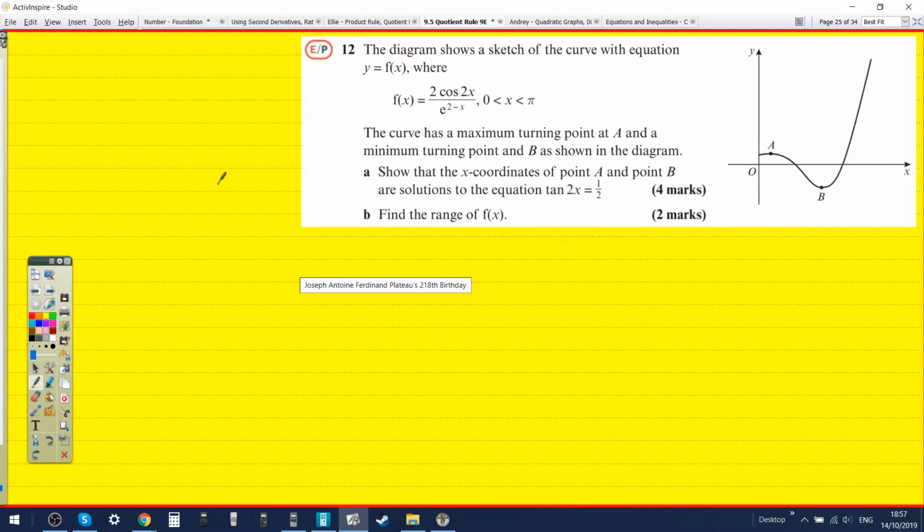So show that the x coordinate. They use a show that to make you do it. At a turning point, dy dx is equal to 0. So find dy dx, then make it equal to 0 and solve from there. If it's one function divided by another, it's quotient rule. If it's one function times another, it's product rule.